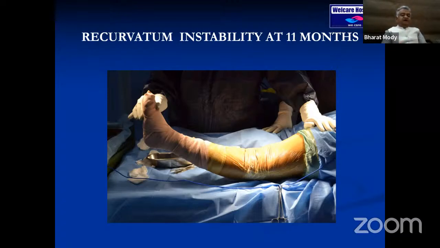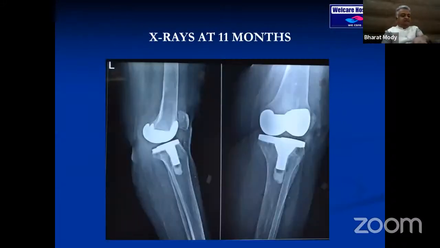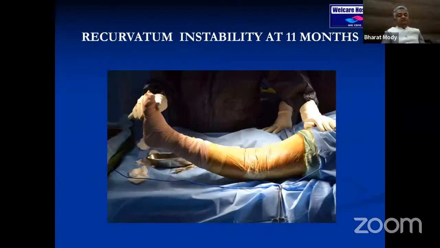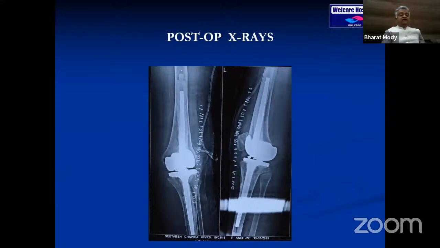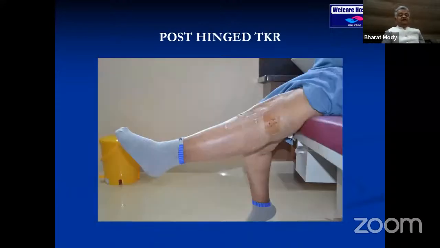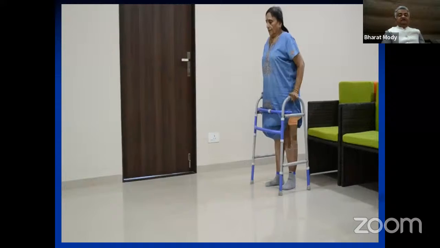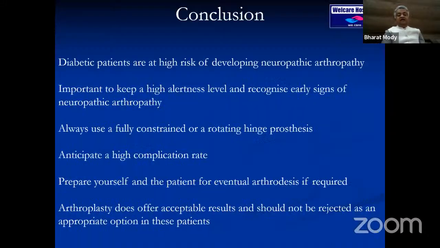I had put in a primary PS knee, which Hemant just suggested doing, and it looked absolutely fine early. But as time passed by, and I'm talking about hardly a year and a half, it went into hyperextension. And then I had to put in a hinge joint. And then with the hinge joint, the woman did well. So the point is, to conclude, diabetic patients are at high risk, so it is important to keep high alertness and recognize neuropathy.